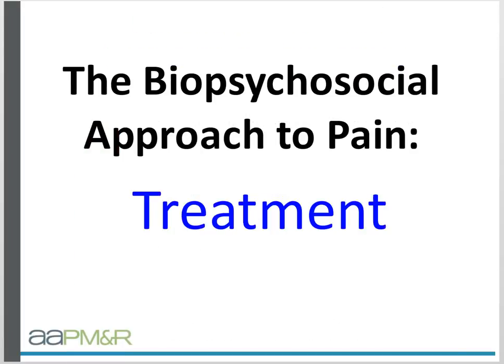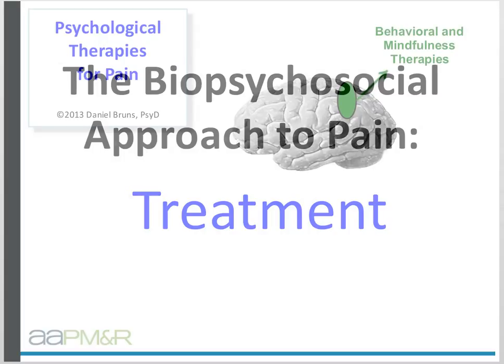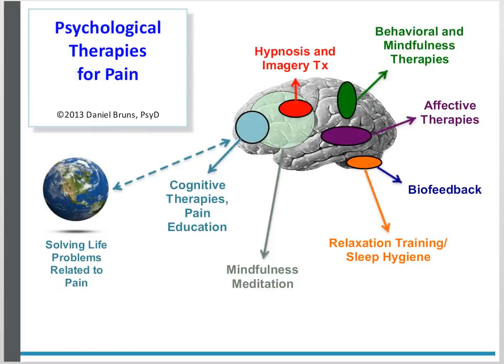Unfortunately, we really don't have time to go into this, but let's very briefly consider psychological treatments for pain. If you recall our diagram, for each of these areas there are psychological treatments. There are cognitive therapies for thoughts, biofeedback and relaxation training, sleep hygiene training for arousal, affective therapies for mood, and so on.